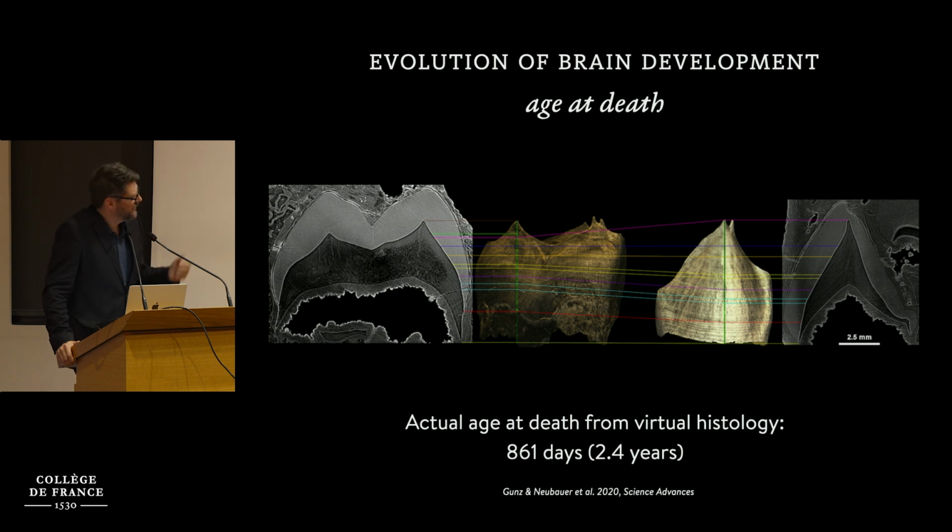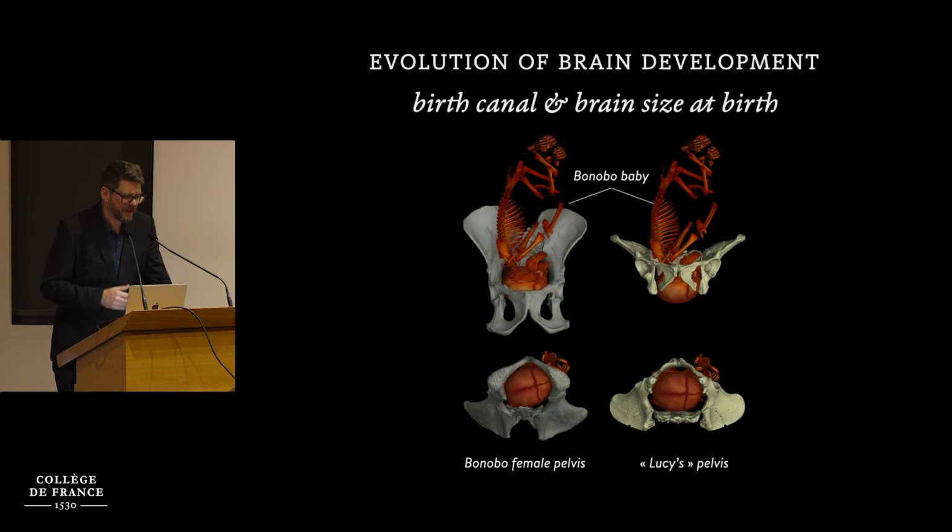Another thing we need if we want to reconstruct the ancestral brain growth pattern of Australopithecus afarensis is to know how big Australopithecus afarensis babies were. Unfortunately, we do not have neonates or fetal remains of this species, but what we do have are beautifully preserved pelvic remains.